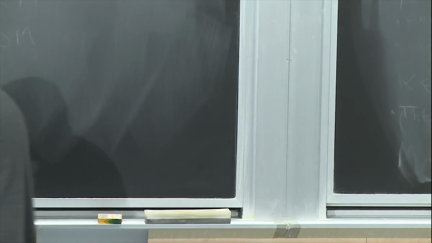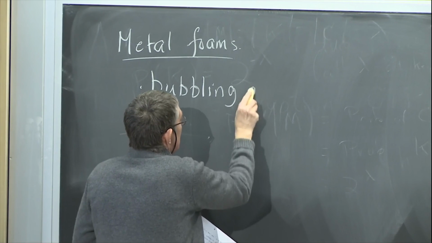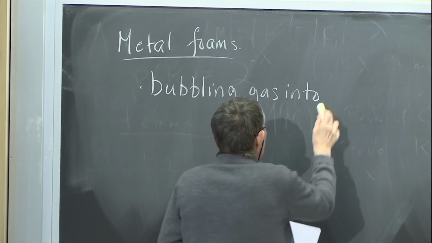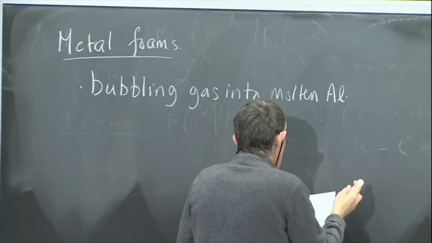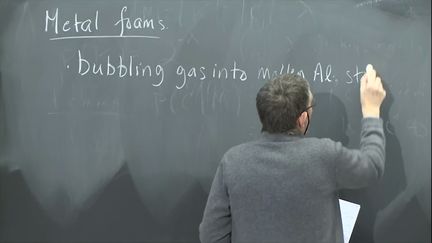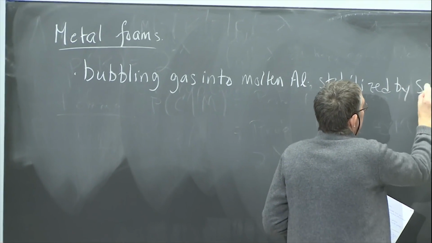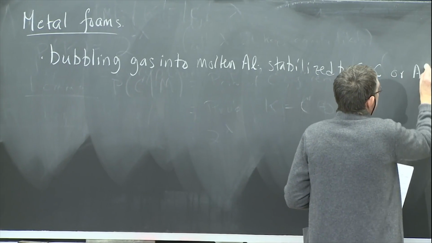So let me just write one little note here. The first method here involves just bubbling gas into the molten aluminum. And that molten aluminum is stabilized by silicon carbide particles. Sometimes people use alumina particles.